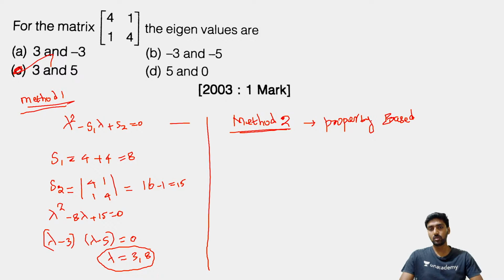How to do the property based method? The sum of the main diagonal elements is equal to the sum of the eigenvalues.